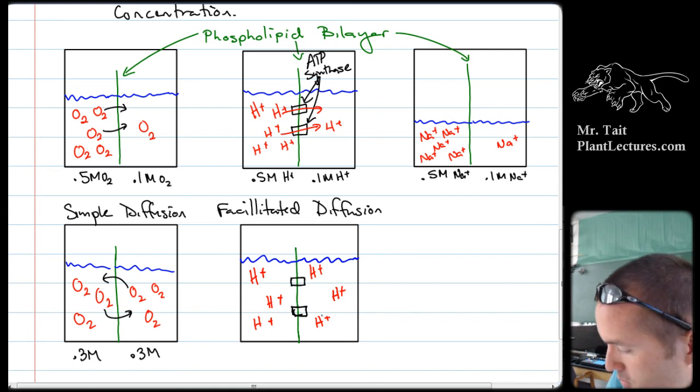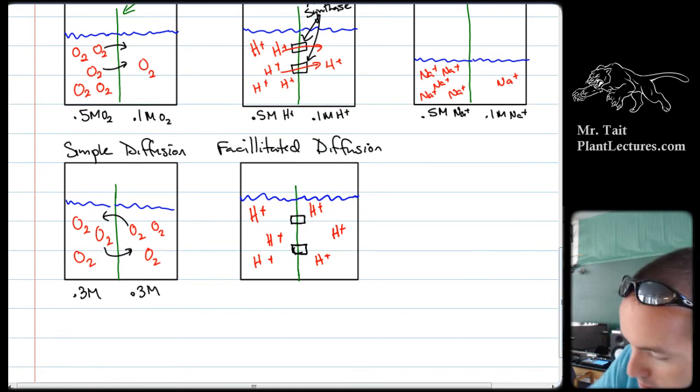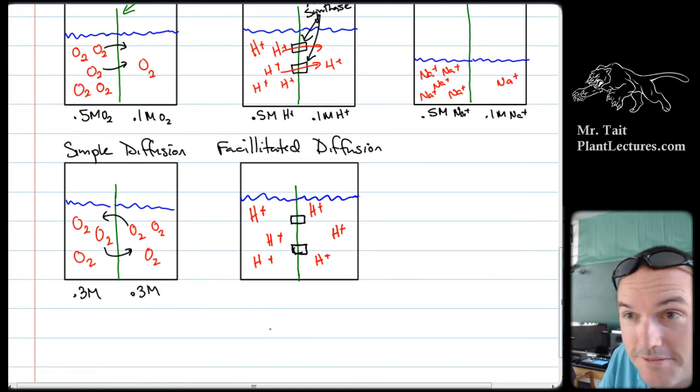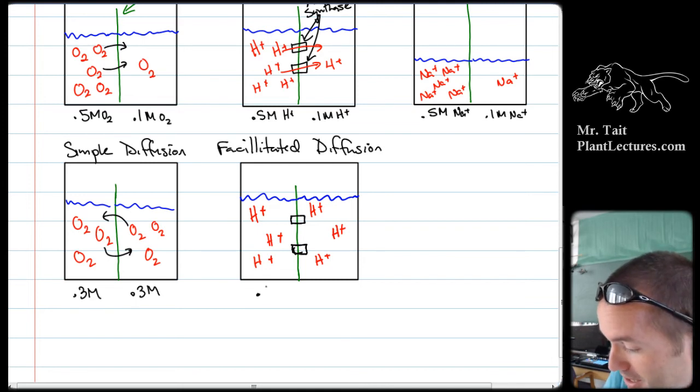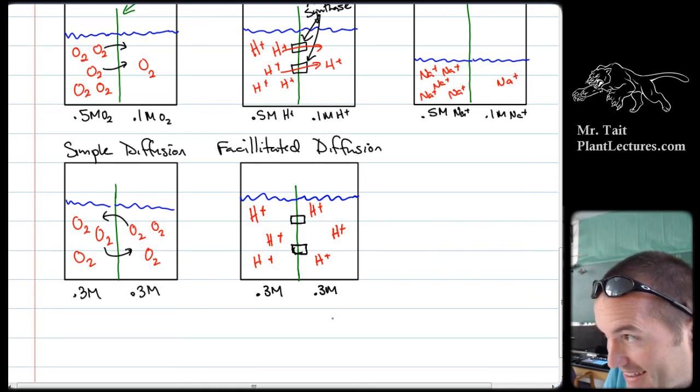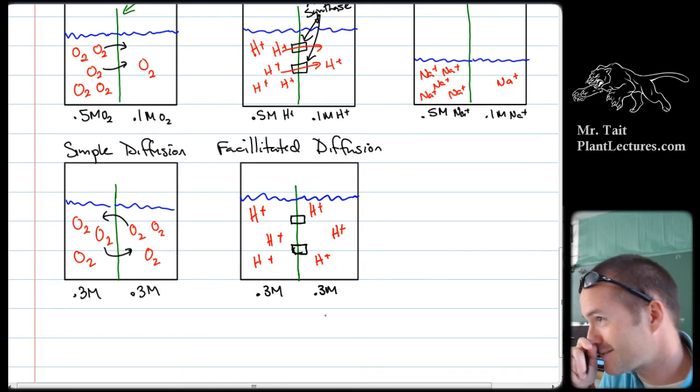Totally unrelated. How else could we describe the concentration of H plus ions? What other term can be used to describe the concentration of H plus ions? What do you think? High potential energy? Nope. Chemistry term? pH. pH describes the concentration of H plus ions.